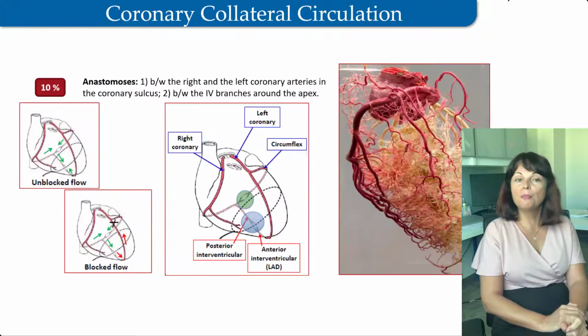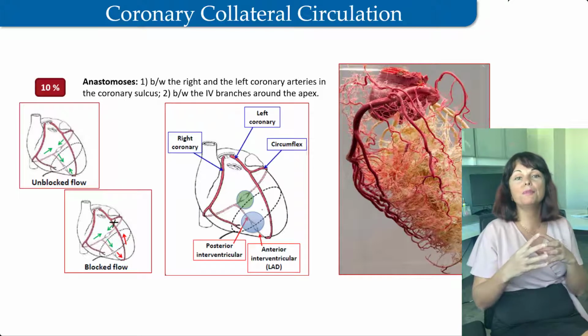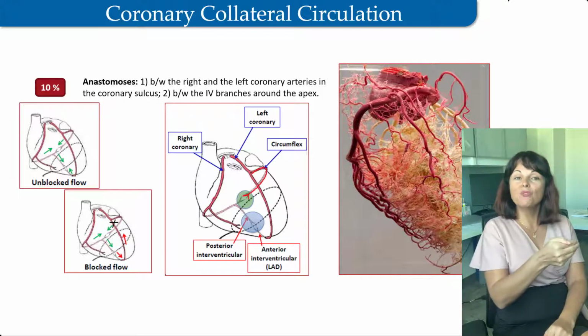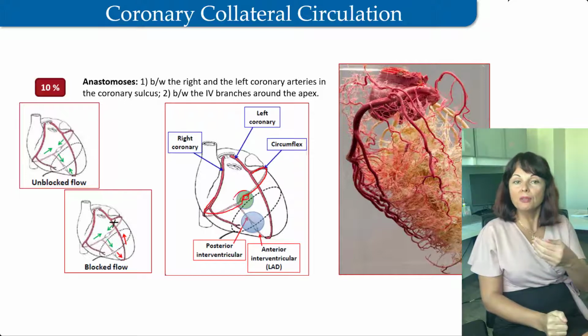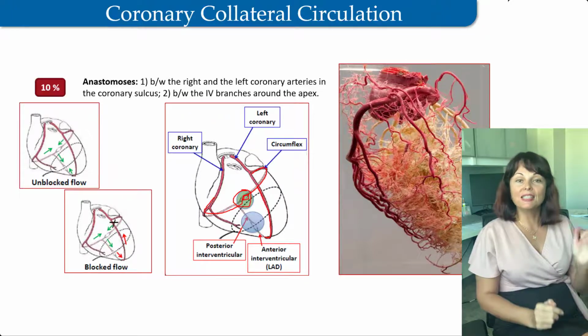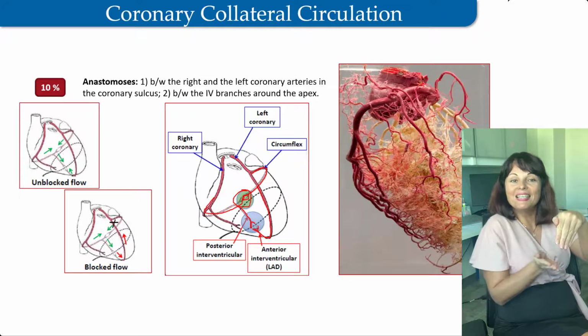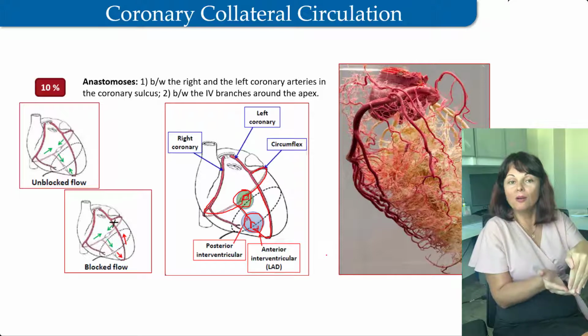The terminal branches of the right and left coronary arteries anastomose with each other in about 10% of individuals. The circumflex branch of the left coronary artery may anastomose with the terminal branches of the right coronary arteries. The anterior interventricular artery may anastomose with the posterior interventricular artery at the apex of the heart.